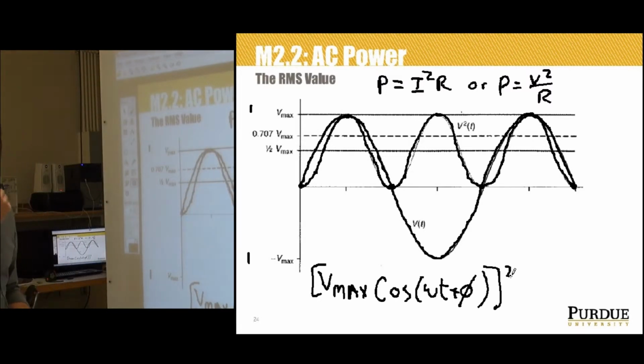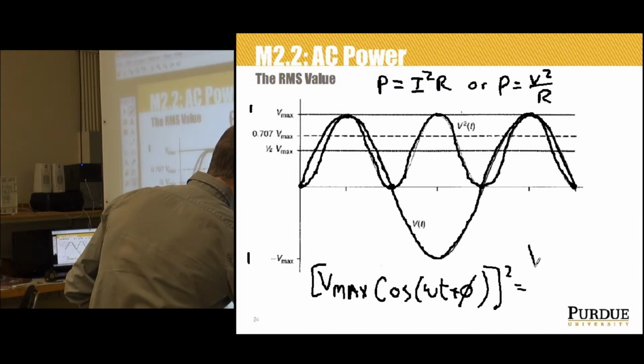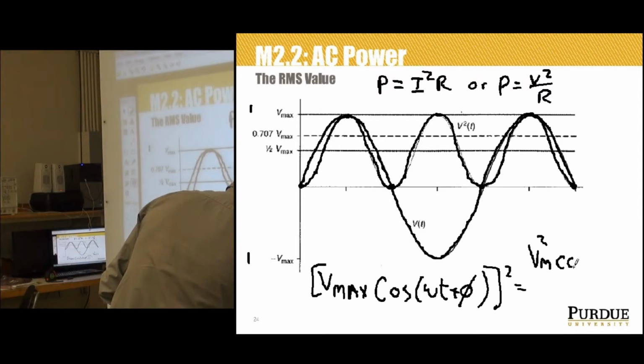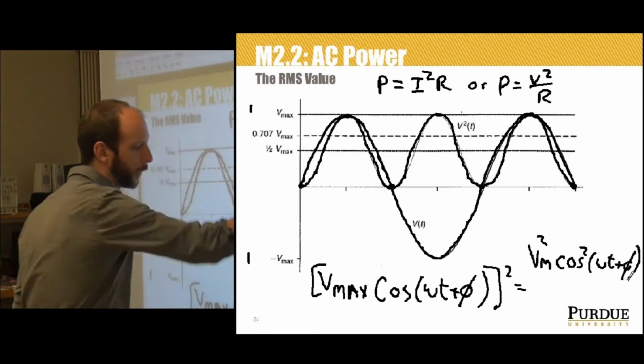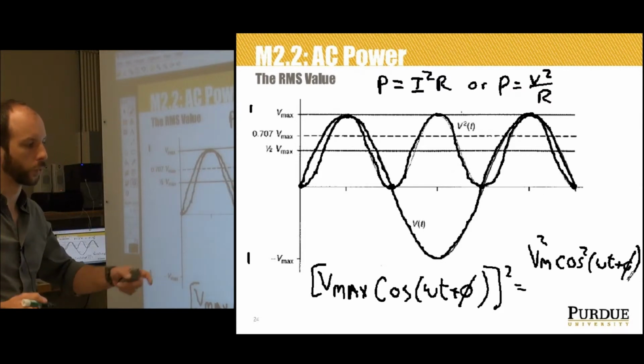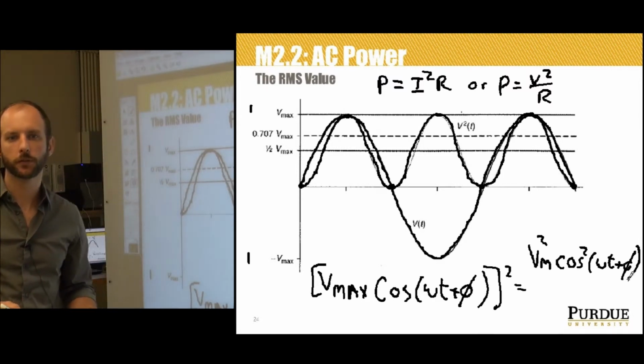And you get Vmax squared, and write that as Vm squared cosine squared of omega t plus phi, which is what we were showing previously. We've got the maximum voltage squared, which in this case was just 1 times 1, and then the steeper function is a cosine squared function.